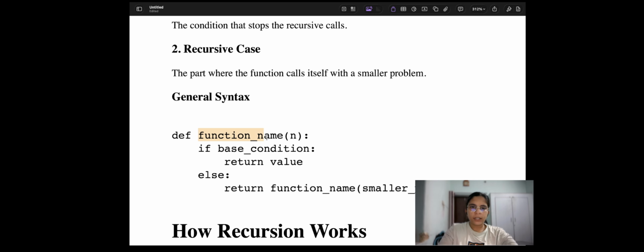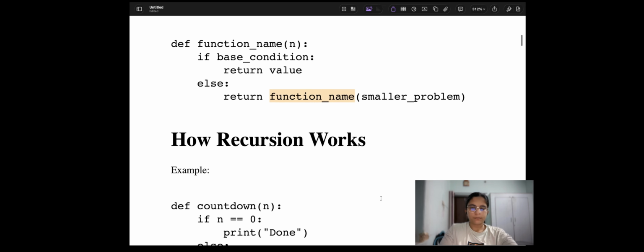Then the function name, then parentheses. N inside the parentheses is known as the parameter. If base condition, then return that value, else return the function name with the smaller problem.